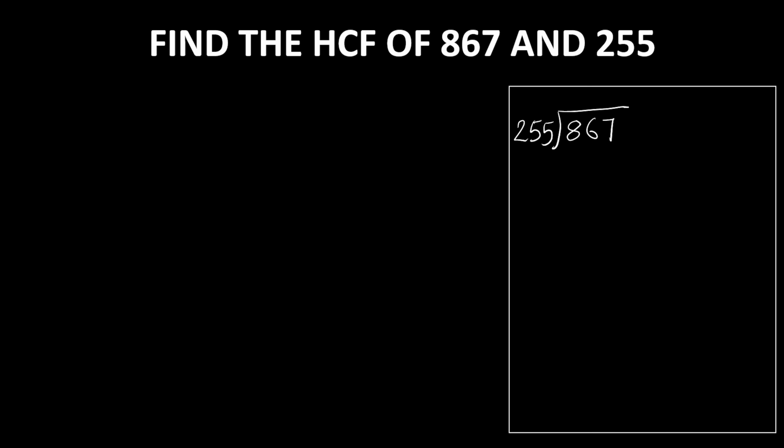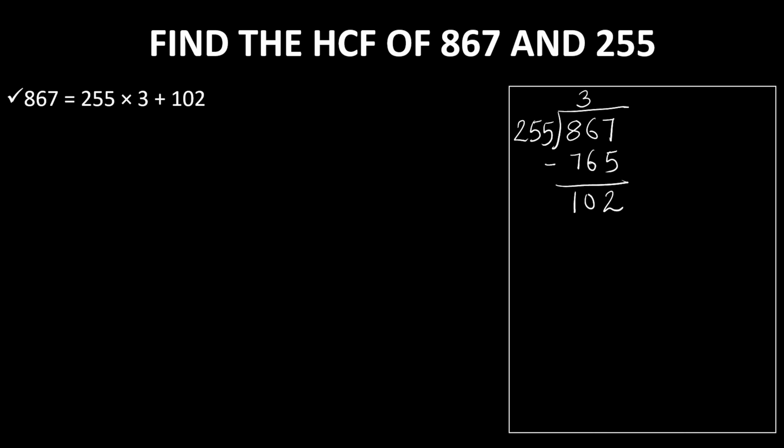Now, multiply 255 with 3 because we want a multiple of 255 which is lesser than or equal to 867. On multiplying 255 with 3, we will get 765. Now, subtracting 765 from 867, we will get a remainder of 102. So, the remainder is not equal to 0 here.